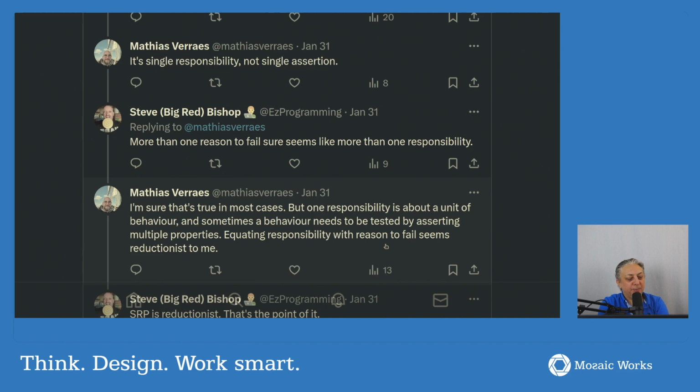Because what might happen is your test will fail once, you'll fix the first assert, and then it will fail the second time, you'll fix the second assert, and so on.